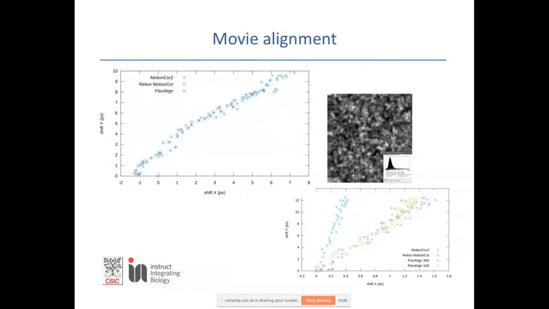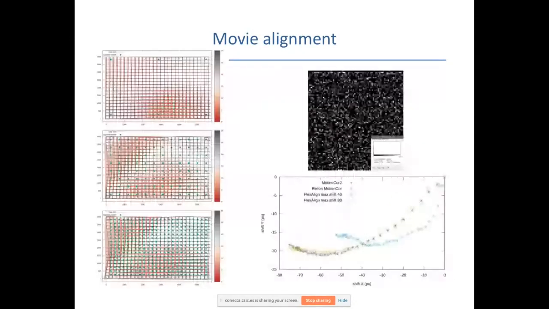Here you have the same idea, but now with a different parameter. This other parameter is a low-pass filter that you may apply when aligning the frames. These frames have so little information that you cannot compute the shifts between two consecutive frames, because there is almost no overlap between the pixels.